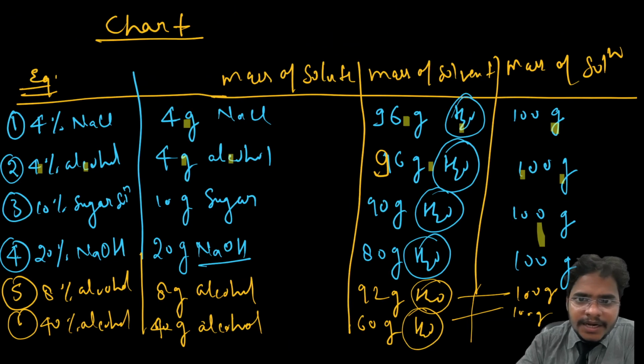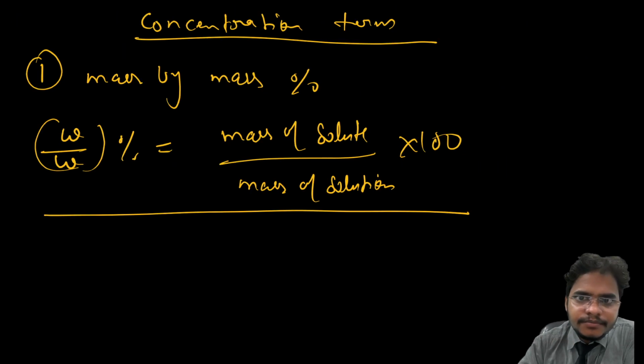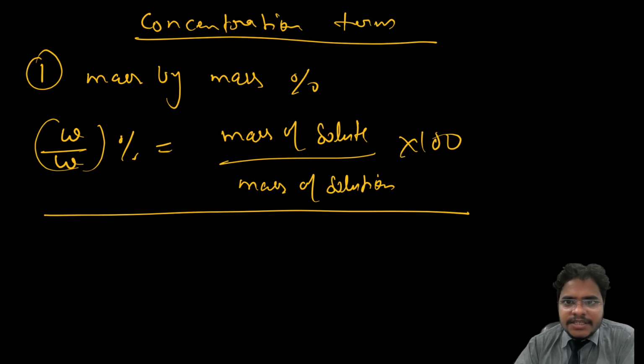So let us summarize our lecture. Today we discussed concentration term. The first term is mass by mass percentage. A total of 7 types of concentration terms we will discuss in the solution chapter.